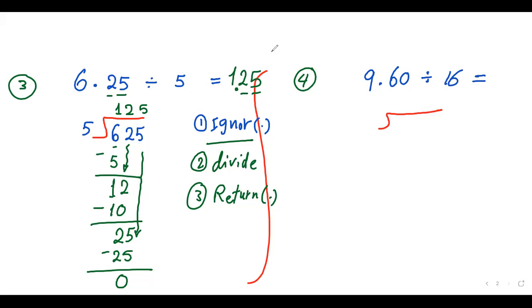What is the answer? I'm waiting for your answers in the chat box. Good. Abdullah Firas, you got the answer, but you put the decimal point wrong. Muhammad Abdurrahman, excellent. Abdullah Salman, excellent.